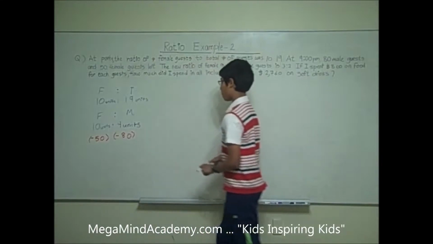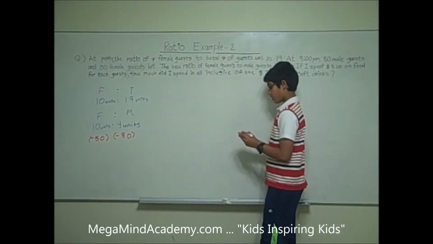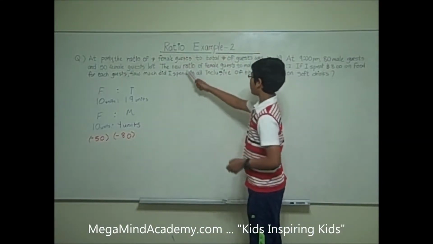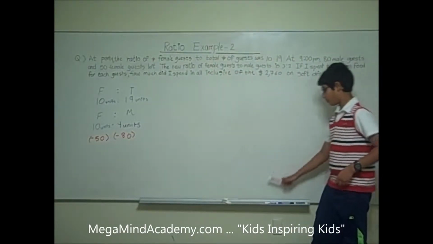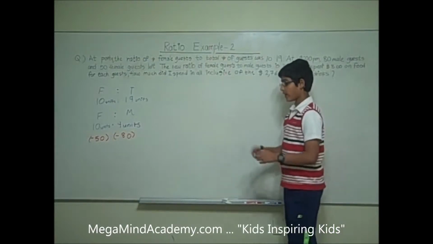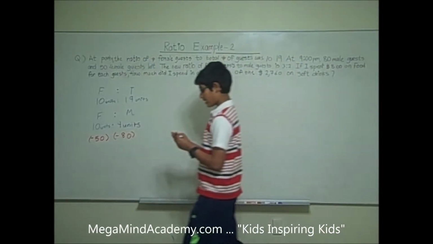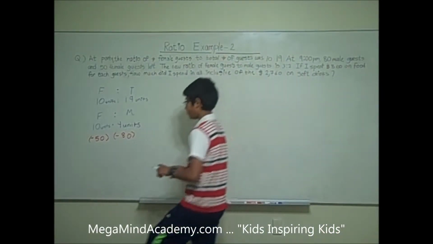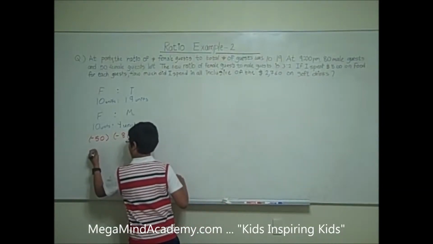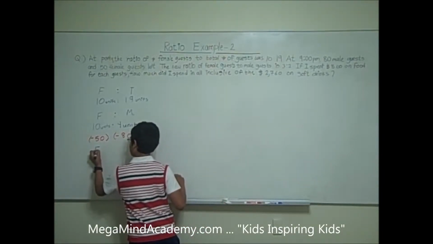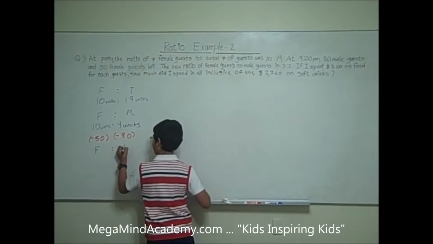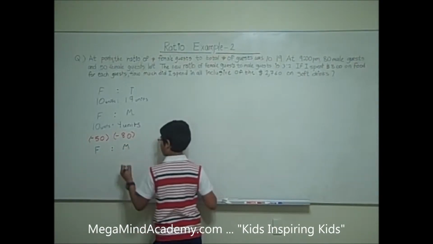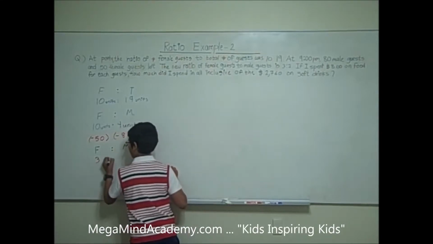Now it states in the problem that the new ratio of female guests to male guests is 3 to 2. The new ratio of female guests to male guests is 3 to 2.